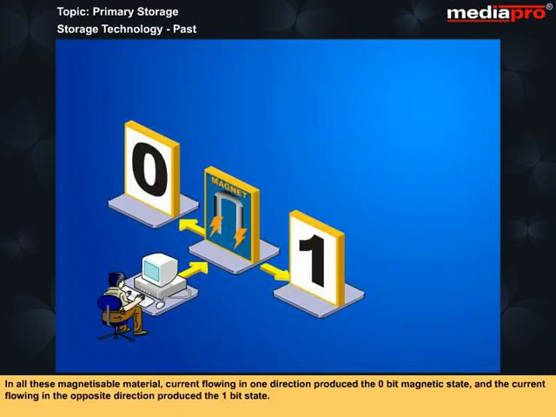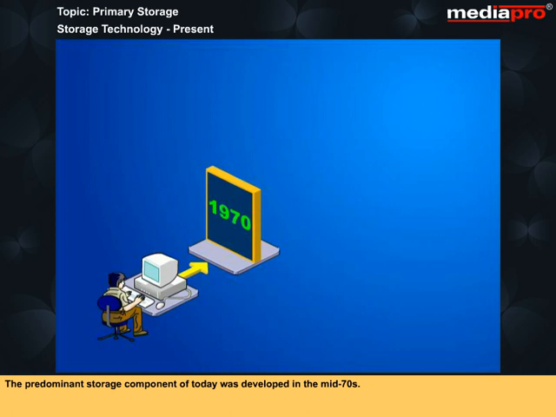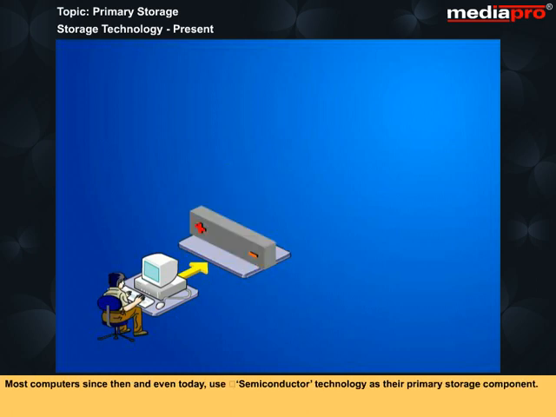In all these magnetizable materials, current flowing in one direction produced the 0-bit magnetic state and the current flowing in the opposite direction produced the 1-bit state. The predominant storage component of today was developed in the mid-70s. Most computers since then and even today use semiconductor technology as their primary storage component.